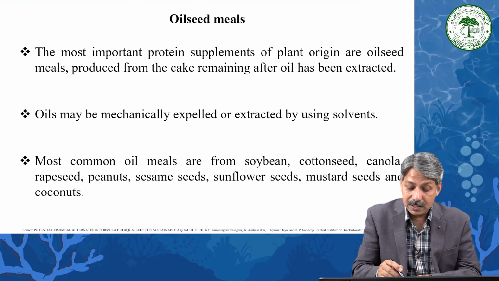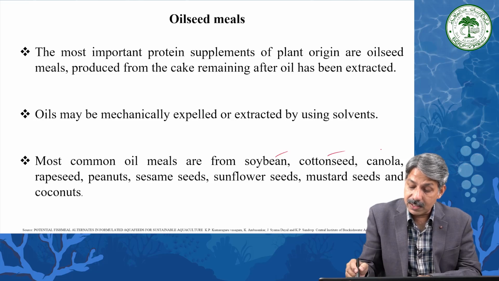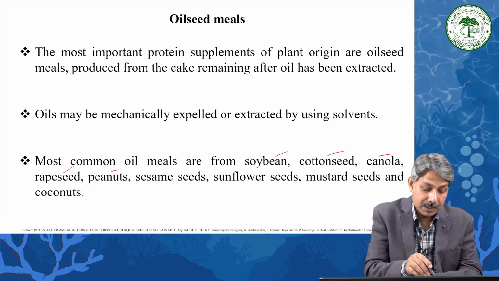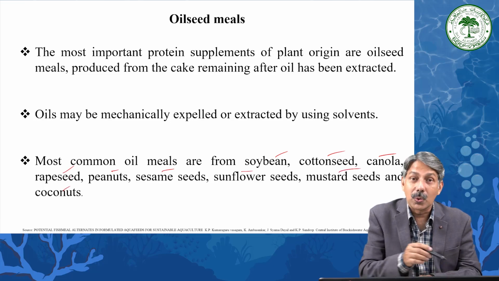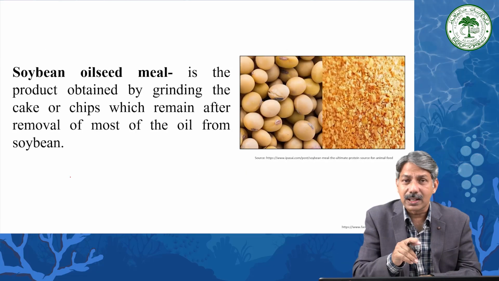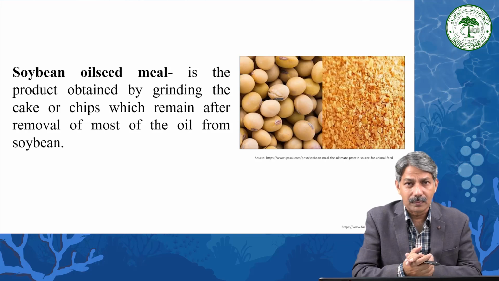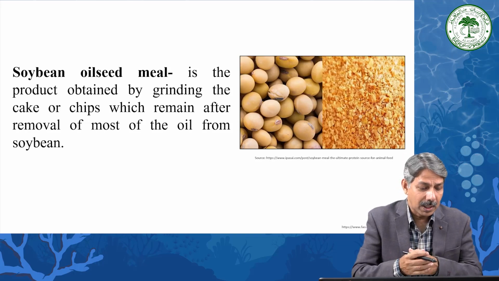Most common oil meals are from soybean, cottonseed, canola, rapeseed, peanuts, sesame seeds, sunflower seeds, mustard seeds, and coconut. These are the common ones which you will usually find in the market.